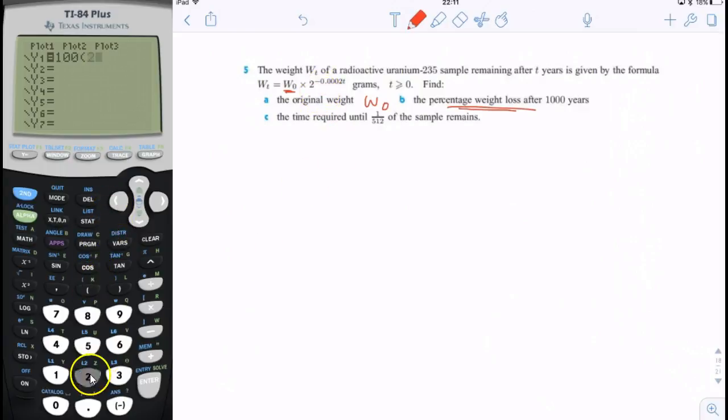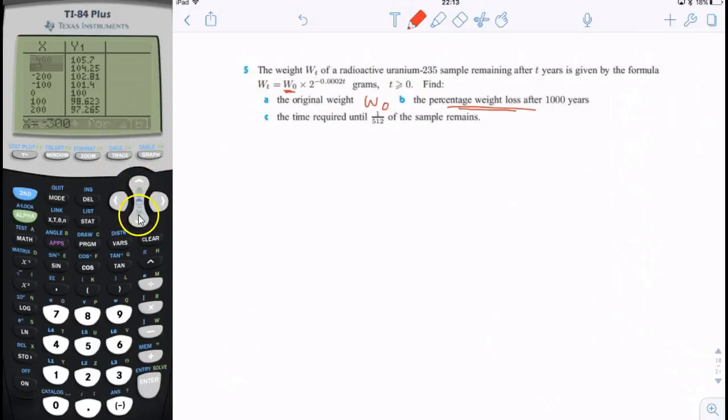So 2 to the power of negative 0.0002. Is that right? Okay, now let's look at the table and see what happens after 1,000 years. I still have it set to an increment of 100, so it's easy to get to 1,000. After 1,000, I'm going to have the quantity 87.055.